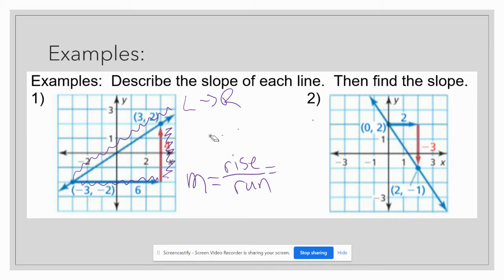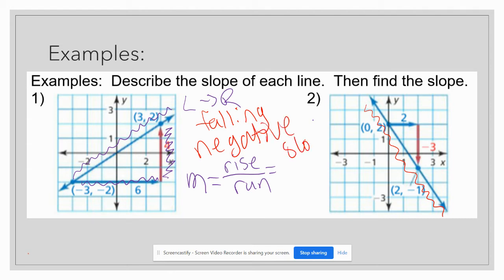If we look at example 2, if we're going from left to right, I'm following the line down. So left to right, the line is falling, which means this has negative slope. To find our rise over run, it's actually in this case going to be fall over run.